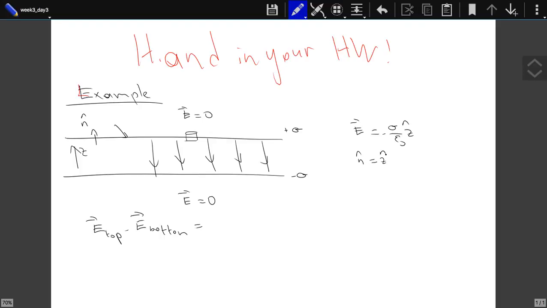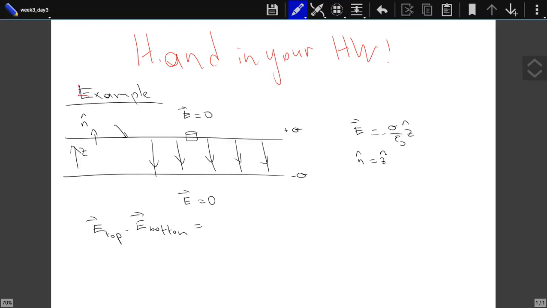That is how we define below and above surfaces, or the top or the bottom of the surface. So this surface has two sides. One of them we call below, the other one we call the above, or bottom and top. And this n vector points from bottom to top.